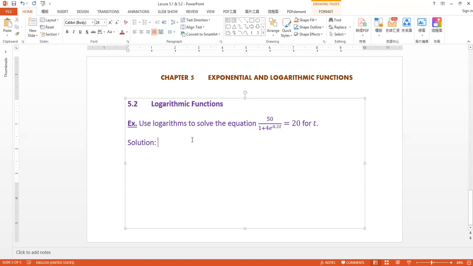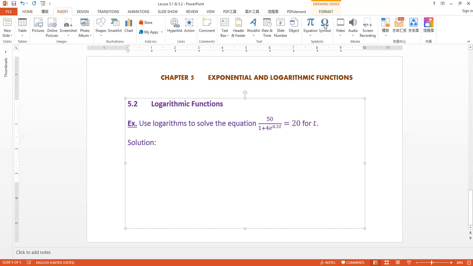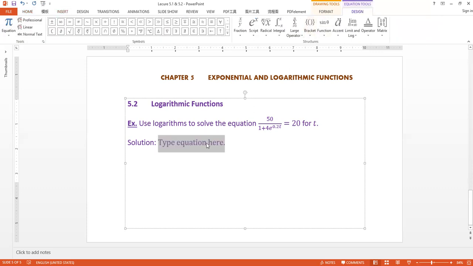So the solution is, the first step is to rewrite this equation a little bit, and we don't like fractions. So why don't we just multiply the denominator on the left on both sides so that we can get rid of it.